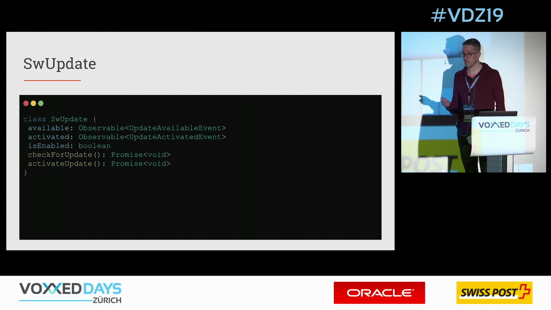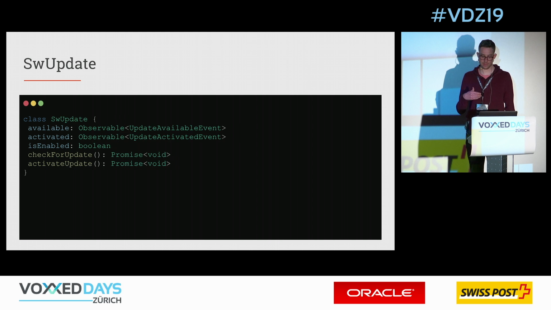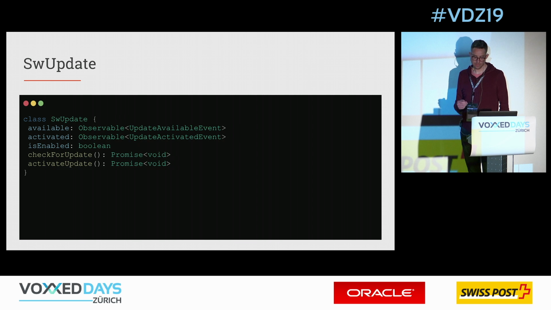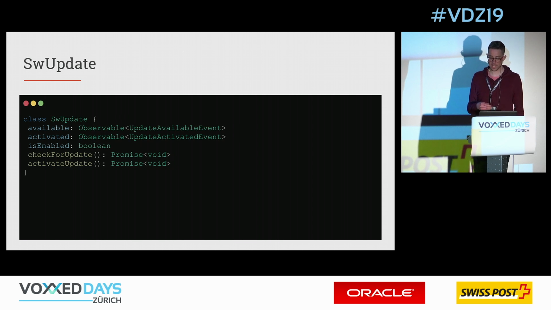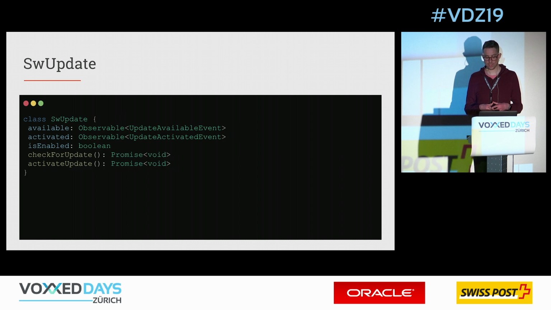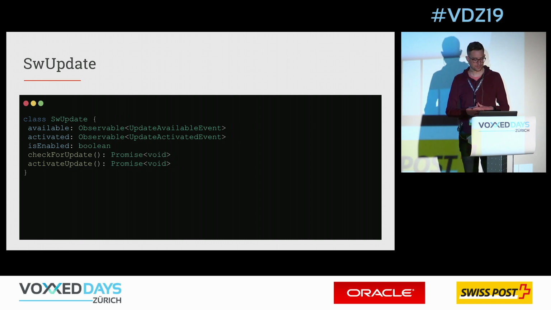We can subscribe to that observable stream, and every time an update is available and Angular recognizes that, we could be notified and do some sort of action. We can also subscribe to the observable for activated, and we can know when an update has actually been activated. Perhaps we want to notify the user, or go out and do some additional requests. We can determine if the service worker is enabled, and that's just a Boolean, true or false.